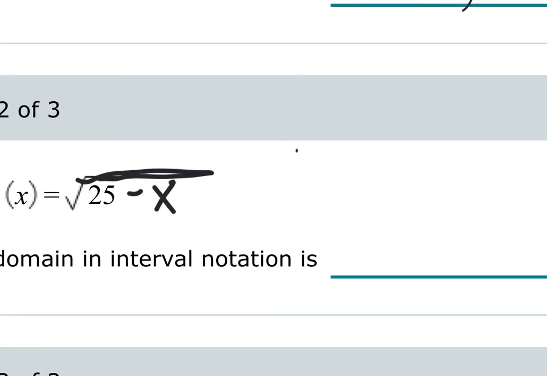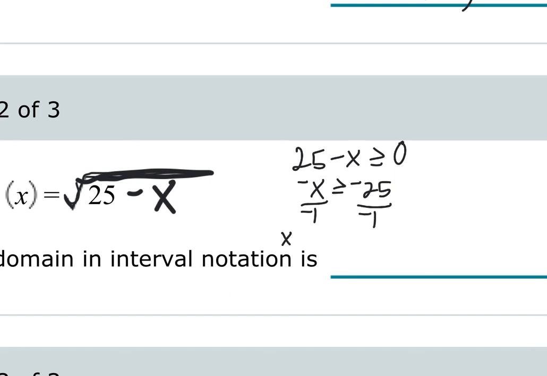So I would set that greater than or equal to 0. And I can subtract 25 from both sides. Now to get x by itself, you need to divide by a negative. And when you divide by a negative, you have to flip your symbol. So x is less than or equal to positive 25.